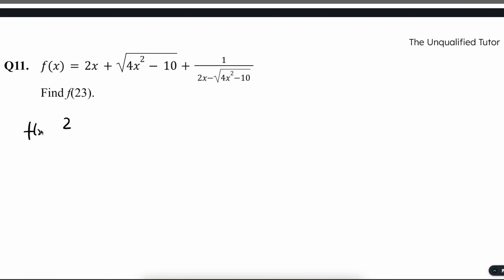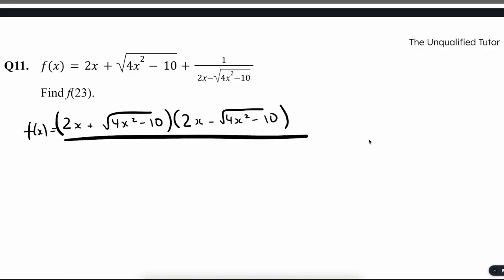So f of x equals 2x plus root 4x squared minus 10 into a bracket, and then we're going to multiply it by the denominator of this one, 4x squared minus 10, over 2x minus root 4x squared minus 10, and then we can add this plus 1 in the numerator on the end, because it's all part of the same fraction now.